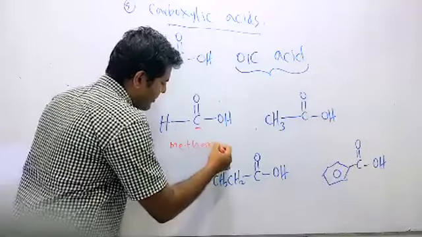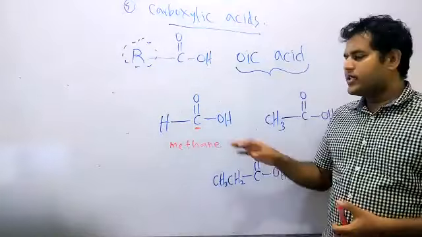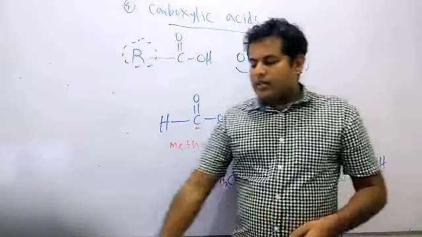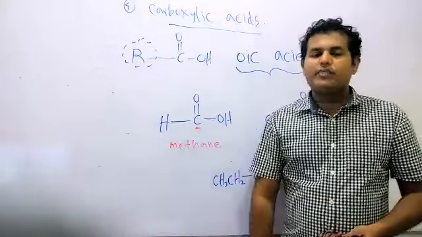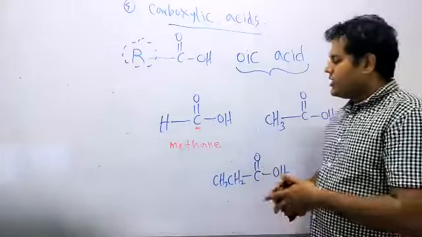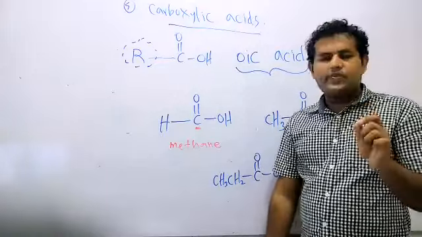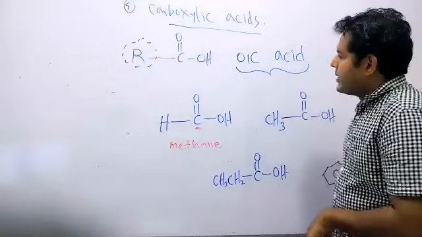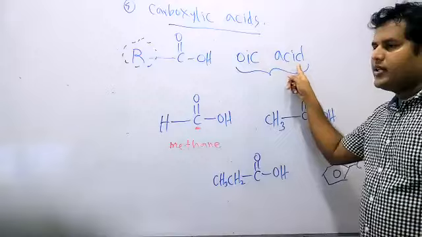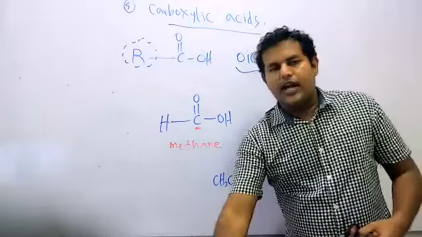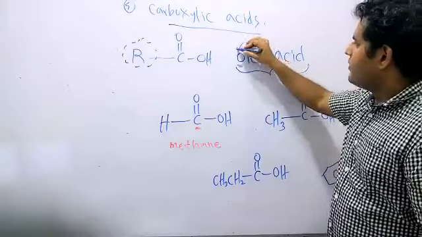So is this methane? No, I know this is not methane, but the name is derived from that. So in this methane, keep in mind a very specific thing. What is the functional group of carboxylic acids? It's oic acid. You can see this functional group starts with a vowel letter, O.